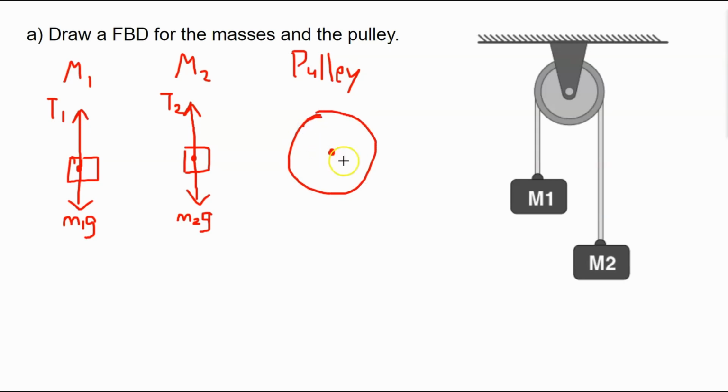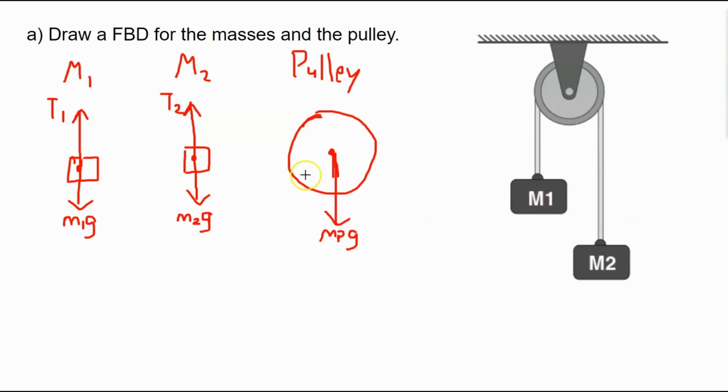And this centroid does experience its own gravitational force, because all gravitational forces act on the center of mass. So we could just draw an arrow straight down, call it MPG. But this isn't very relevant to the system. This force isn't going to do anything for the direction, acceleration or tension of the system.